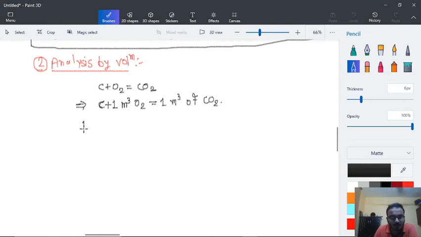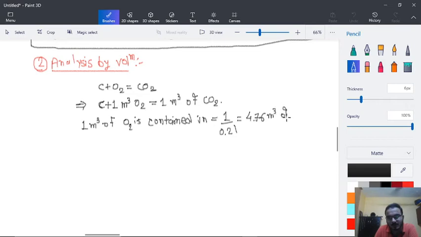So 1 meter cube of O2 is contained in 1 by 0.21, that is 4.76 meter cube of air.